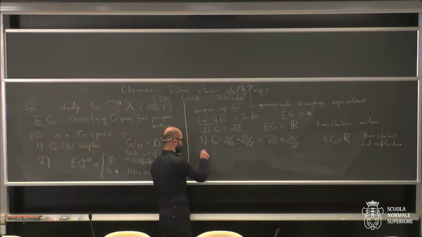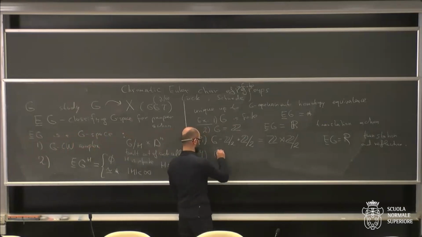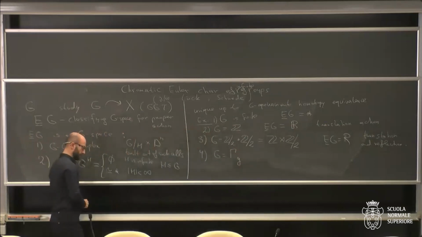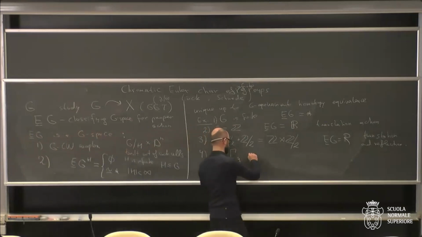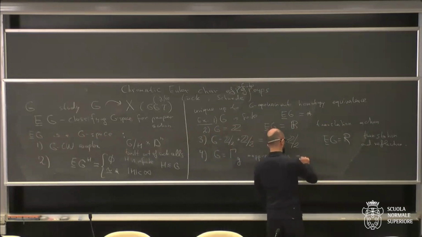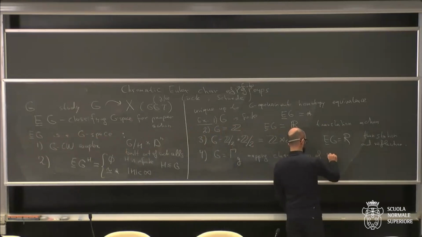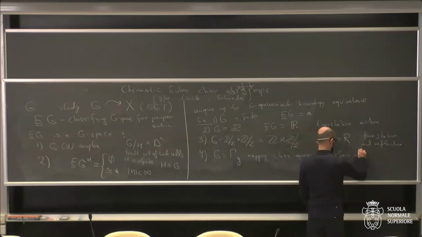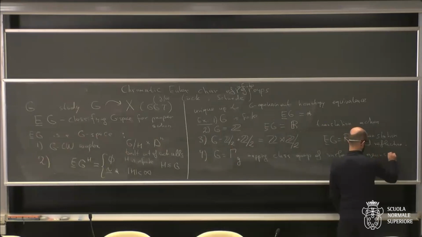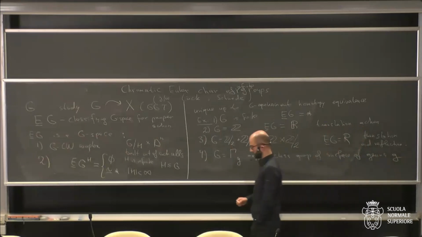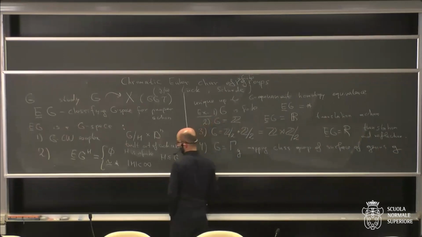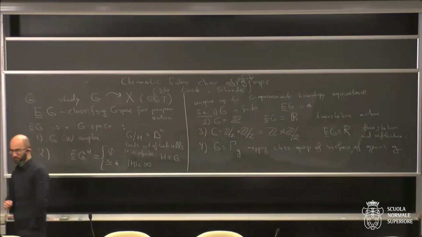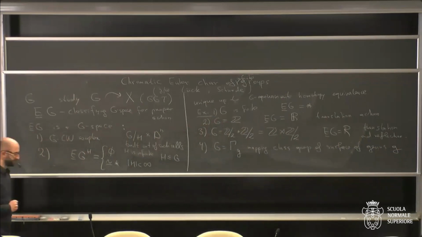The fourth one is an example where we take G to be gamma G, the mapping class group of the surface of genus G. I am in Pisa, so maybe I should not define the mapping class group because people know it here.